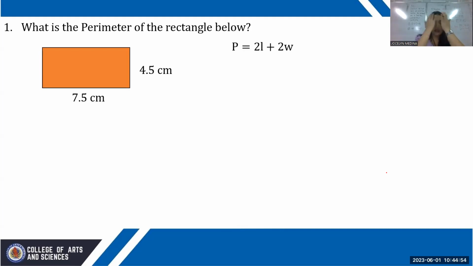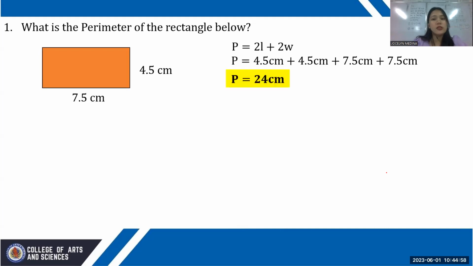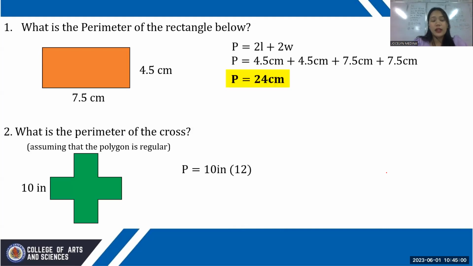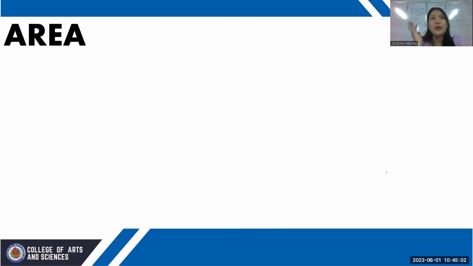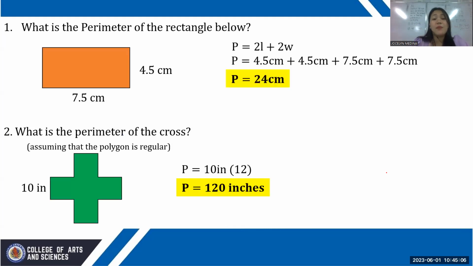Ngayon, here are examples. I don't have to reiterate naman kung paano kunin yon. As I said, you're just gonna simply add the sides. So since ito, meron siyang ilang side? 1, 2, 3, 4, 5, 6, 7, 8, 9, 10, 11, 12.